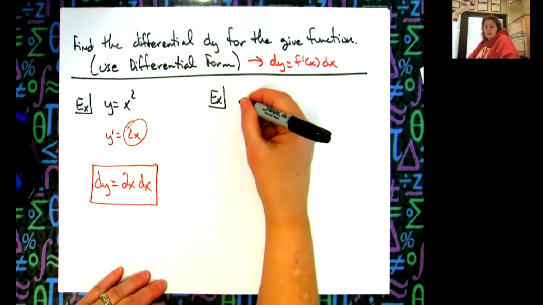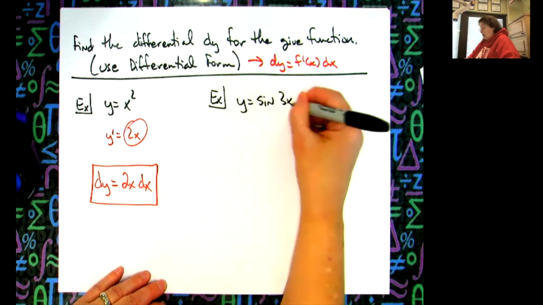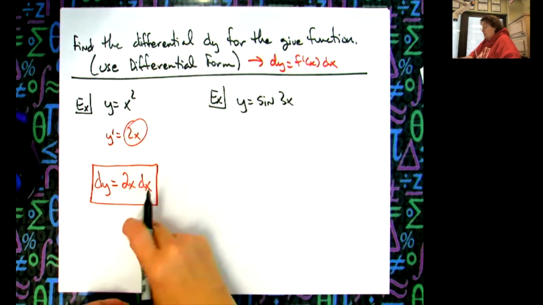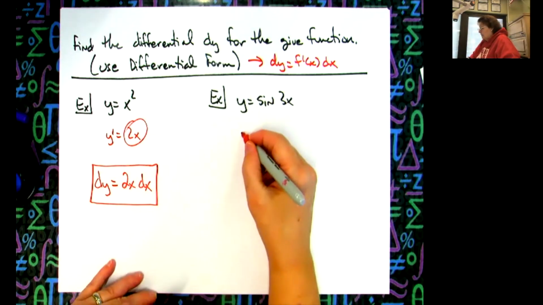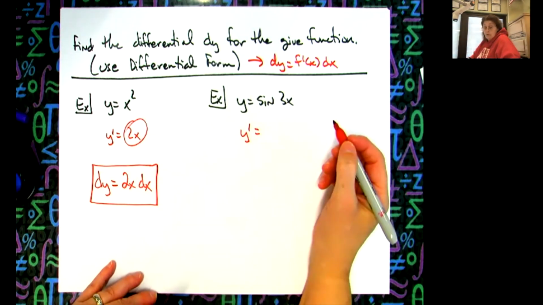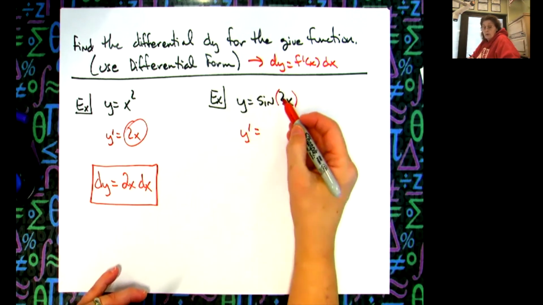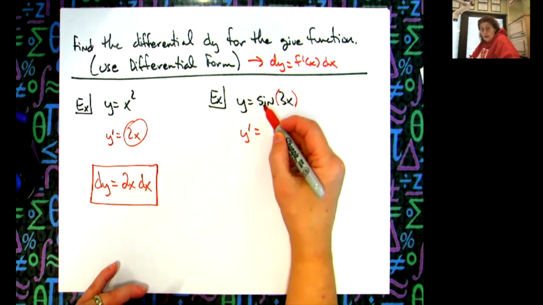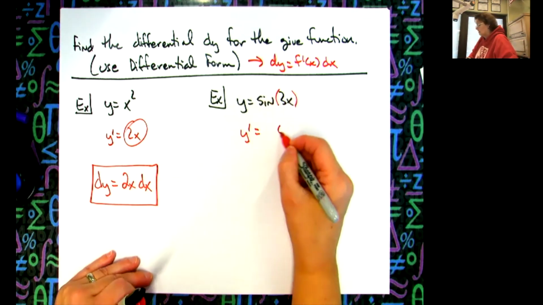Let's do one more just to make sure. All right, y equals, say, sine 3x. Okay, so if I want to write this in differential form, first thing I need to do is calculate that derivative. All right, now, can we do this? This is going to be a what? Chain rule, right? So derivative of sine, leave the inside alone. So derivative of sine is cosine.